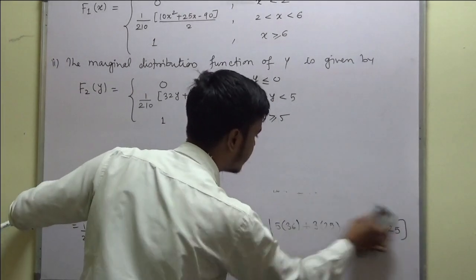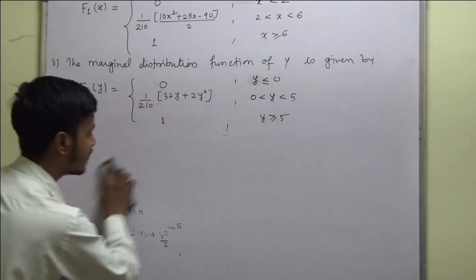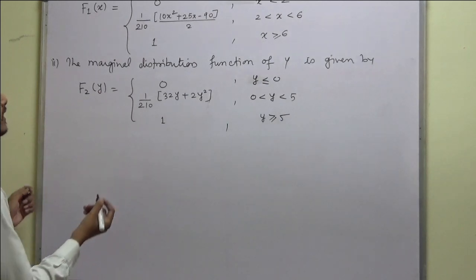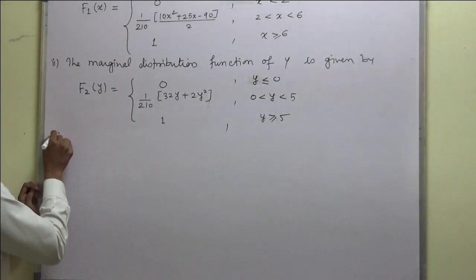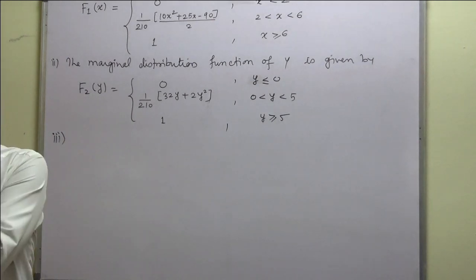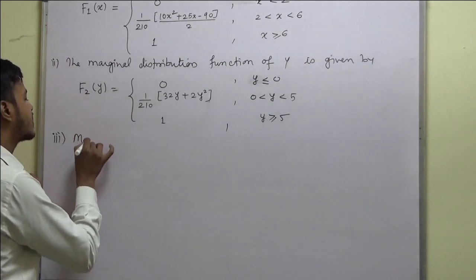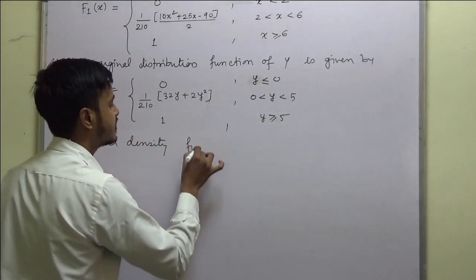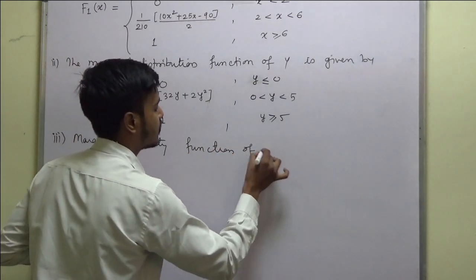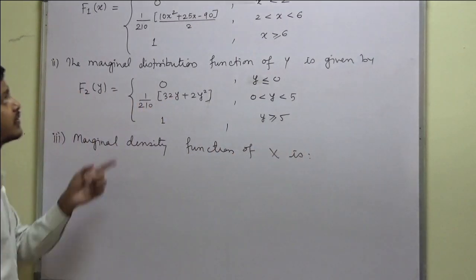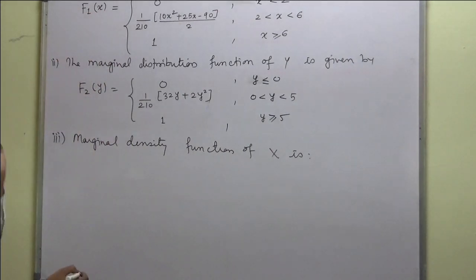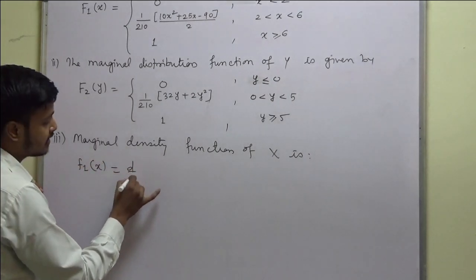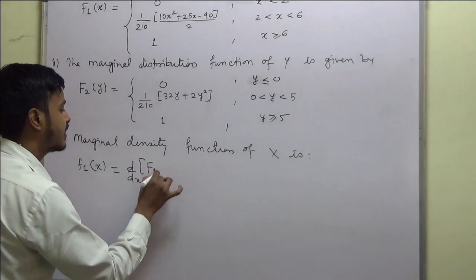Now once you get the distribution function you can easily get the marginal density function by just taking the derivative of this. So now the third one is the marginal density function of x. What you just need to do is take the derivative of this. It should be f1 of x, which is d by dx of capital F1 of x.